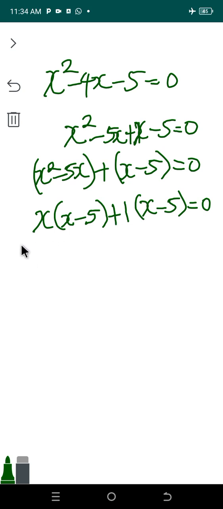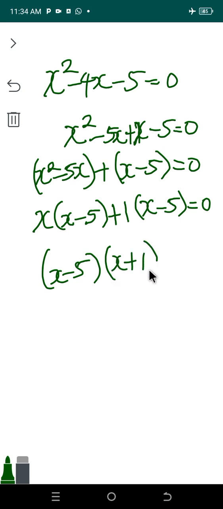The next thing we are going to do, if you look very well, x minus 5 in bracket is also here as x minus 5 in bracket. So it is common on both sides. So we are going to take it out as x minus 5 in bracket, then bring in what is left as x plus 1, close the bracket, equal to 0.